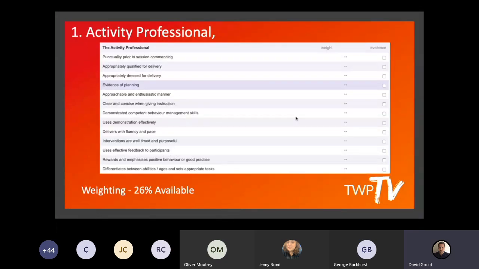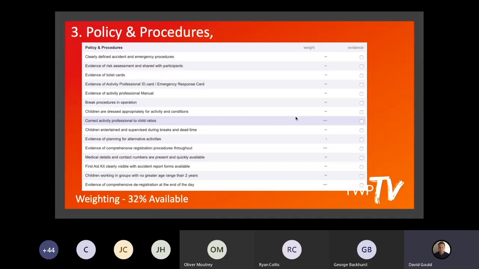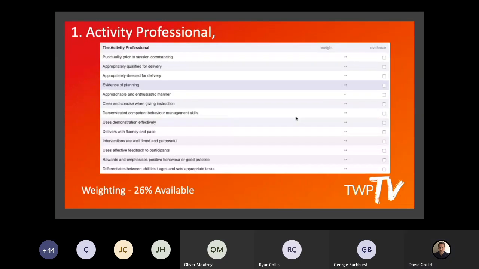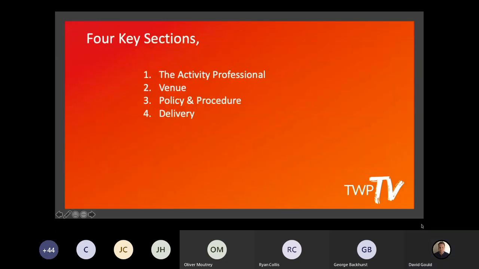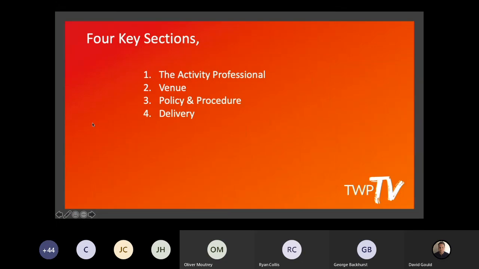So this is the form I'm referring to. Okay, the activity professional, the venue, policy procedures, and the delivery. Does that jog a memory, gents?